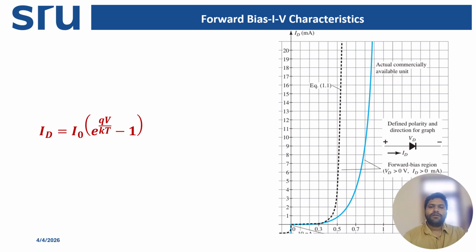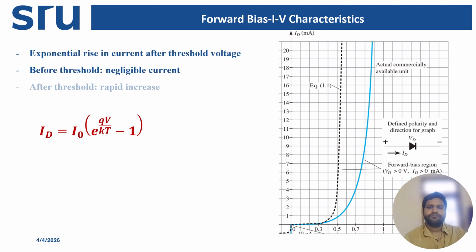Below threshold voltage, very small current flows. At the threshold voltage, conduction begins. Above threshold voltage, current increases exponentially. So the diode allows current to flow easily in the forward direction.